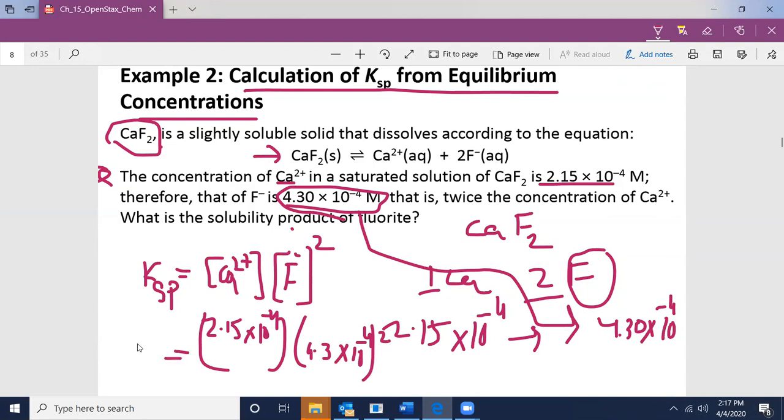What is your answer for the KSP? I had 3.98 times 10 to the negative 11.